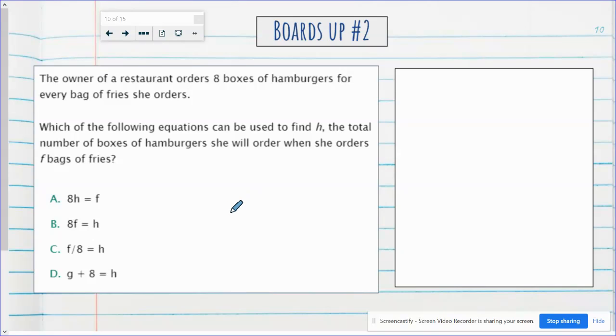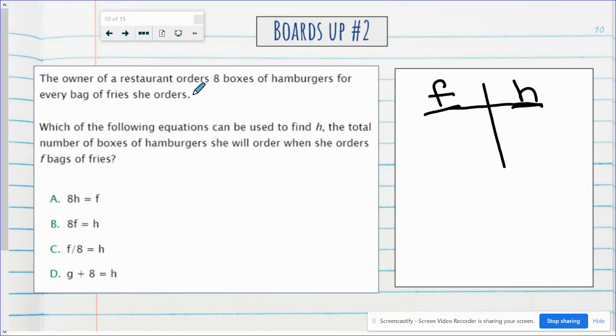The owner of a restaurant orders 8 boxes of hamburgers for every bag of fries. Which of the following equations can be used to find H, the total number of boxes of hamburgers she will order when she orders F bags of fries? All right, so I have 2 things going on here. I am buying fries, which is F, and I am buying hamburgers, which is H. So I'm going to make a little table here, and let's figure out exactly what's going on.